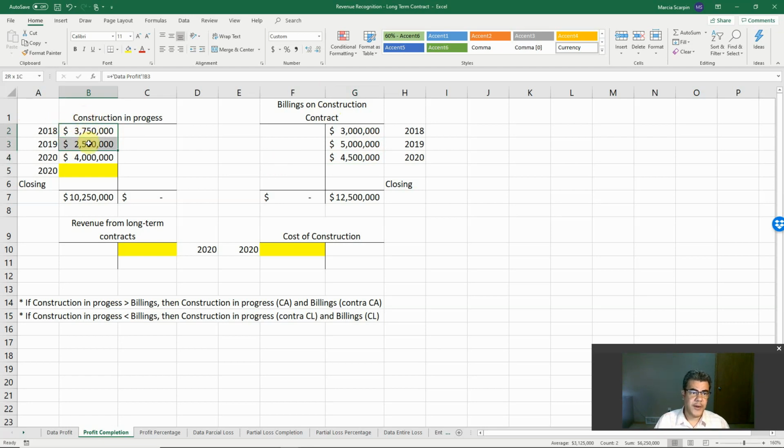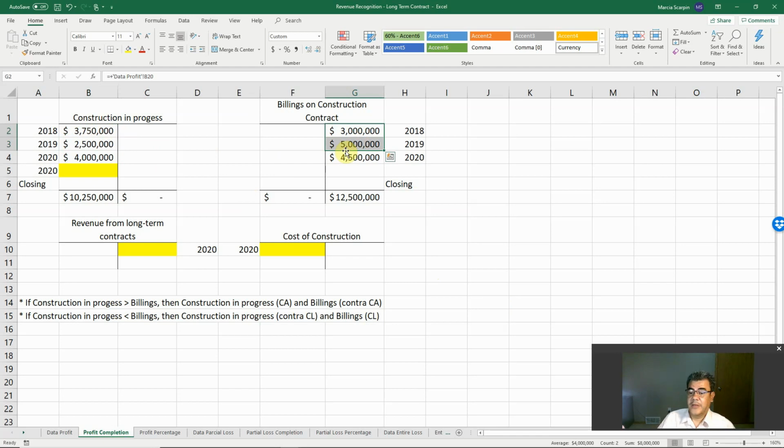Second year, here we sum it, we will have 6 million in a quarter. We sum here, we will have 8 million. So now, construction in progress will be a contra account of billings on construction contract, and we will have a liability, just like a deferred revenue.